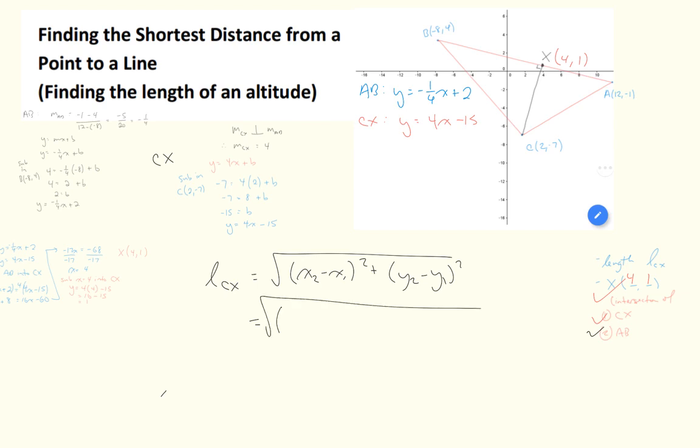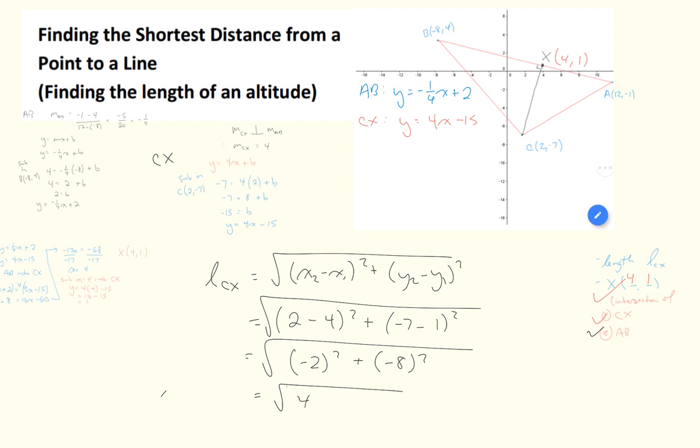Big long square root of, let's see, 2 minus 4 squared plus negative 7 minus 1 squared. That looks like negative 2 squared and negative 8 squared. Negative 2 squared is 4 and 8 squared is 64. Looks like the length of CX equals exactly the square root of 68.